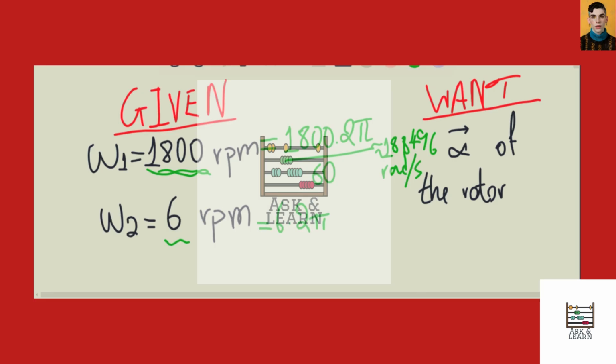And again, 6 times 2 pi divided by 60, giving us approximately 0.628 radians per second.